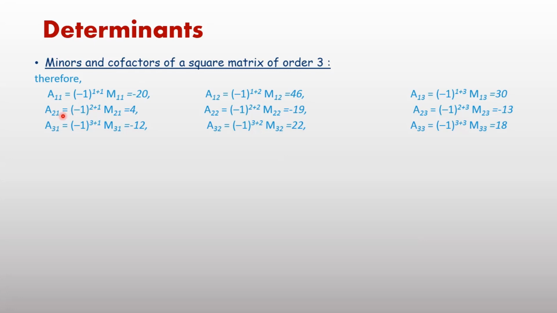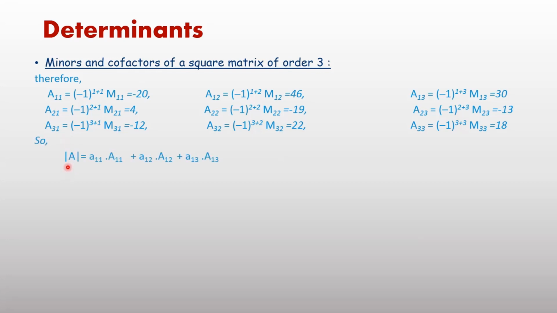A21: 2 plus 1 odd number, cofactor will change the sign. Minor was minus 4, therefore cofactor is 4. Similarly A22 minor and cofactor remain the same. A23 and the remaining elements. In this process you can calculate cofactors of all elements.